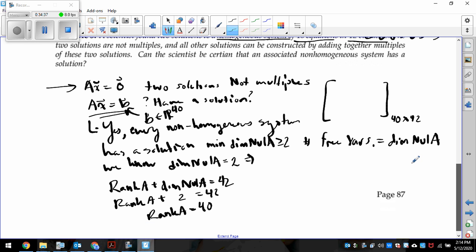So the null space isn't large enough. Yeah, okay. So that's a really convoluted, weird problem, but it's a good one to illustrate what we're learning.